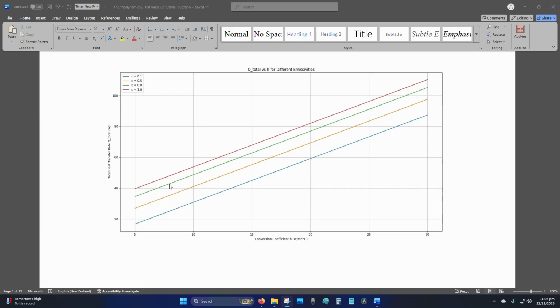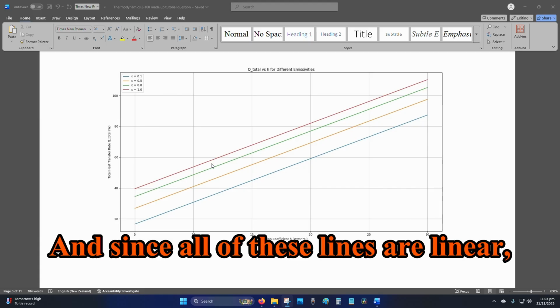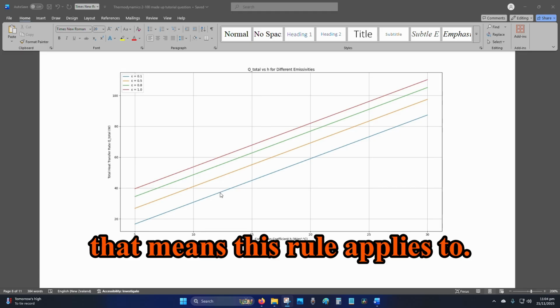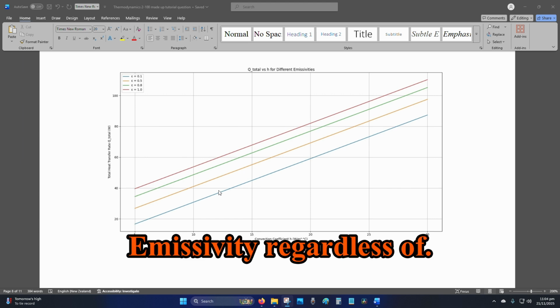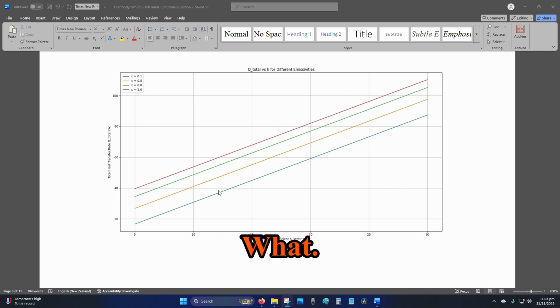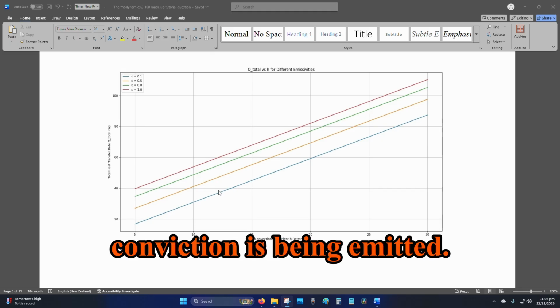Okay, and since all of these lines are linear, that means this rule applies to all emissivity, regardless of, I guess, degree of radiation and convection is being emitted.